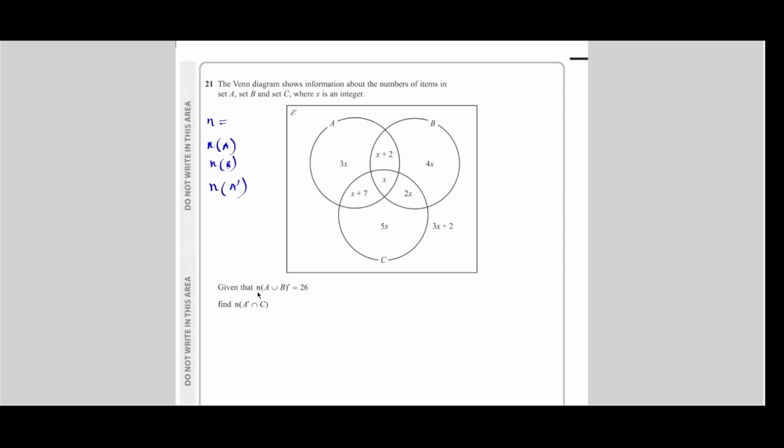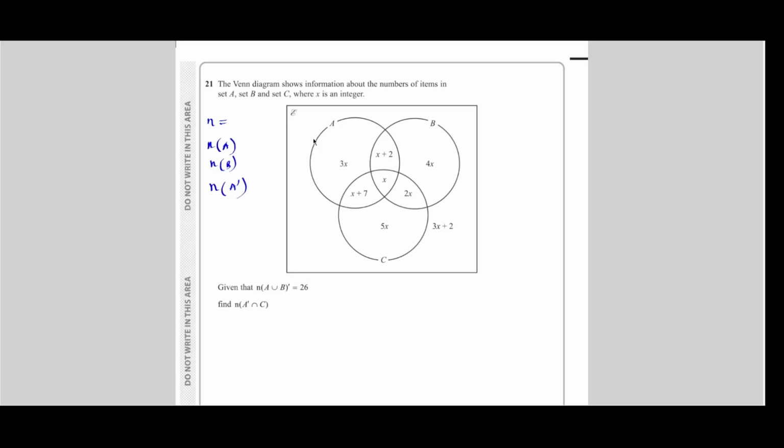Given that the number of elements of A union B complement equals 26, we got to understand what this A union B complement is. So first understand what A union B is.